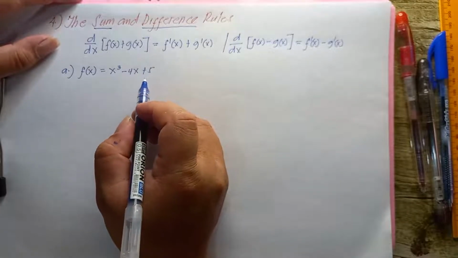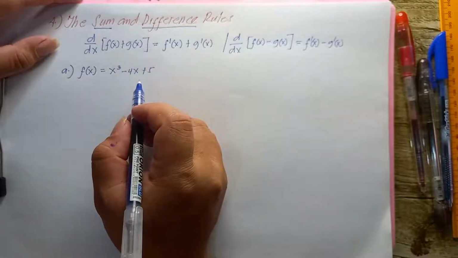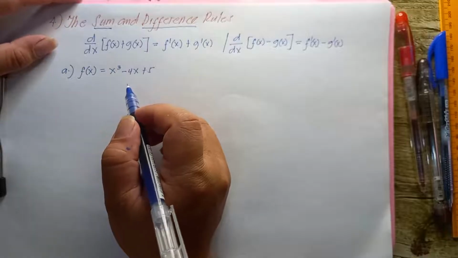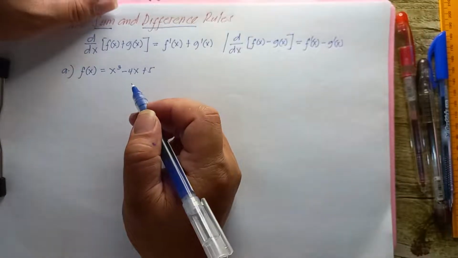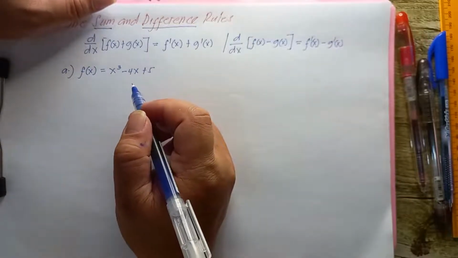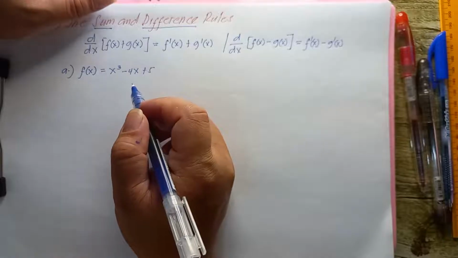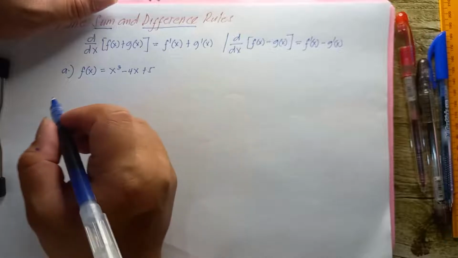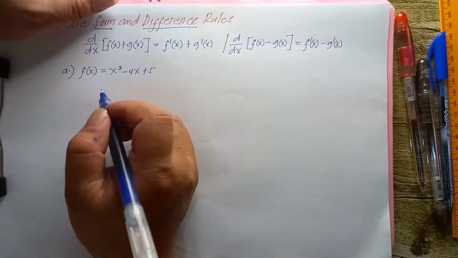Notice that it is composed of 3 terms. So to get the derivative, we will get the individual derivative of the terms.